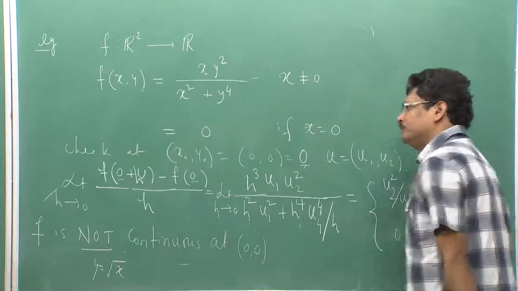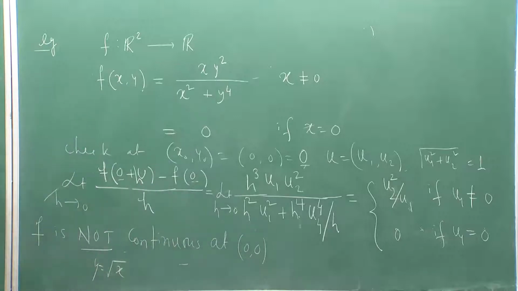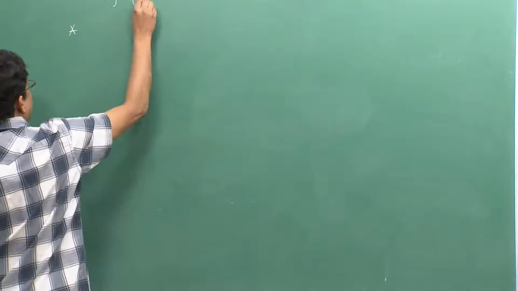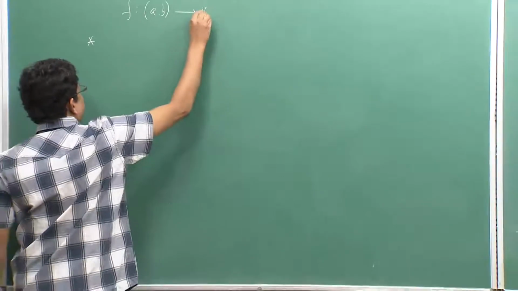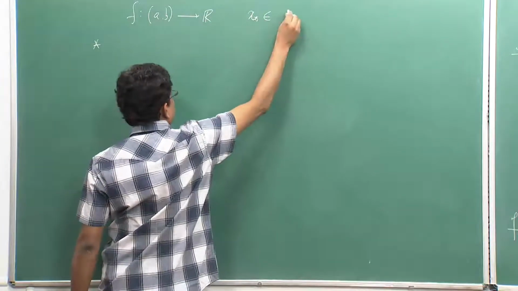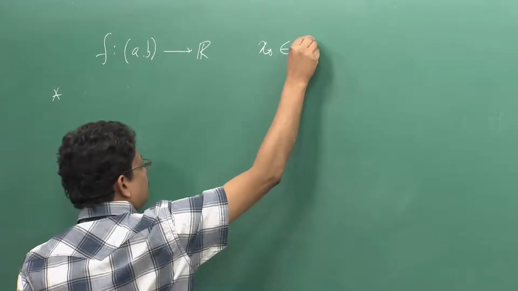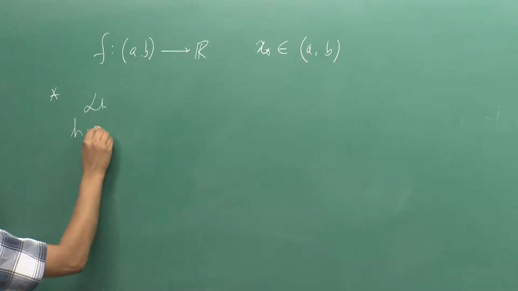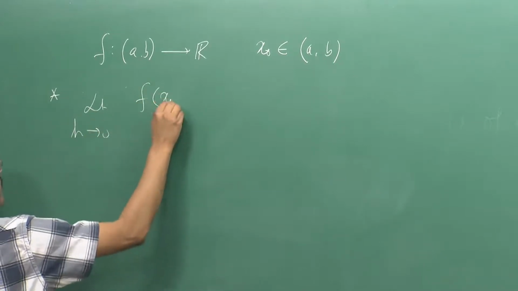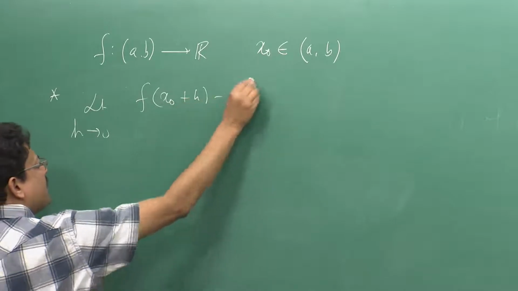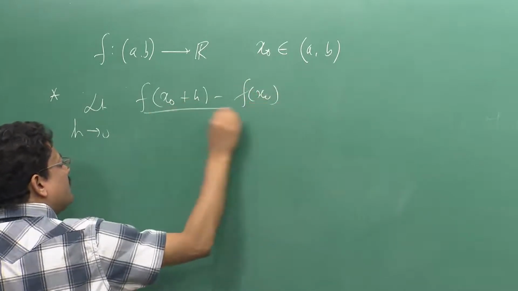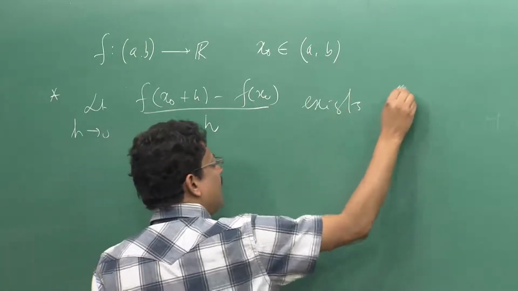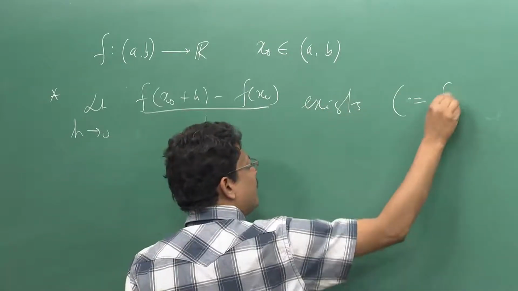So, I have to look back at my star a little bit carefully. What was star for f from (a, b) to R? Limit h going to 0, f of x naught plus h minus f of x naught divided by h exists, and we call it equal to f prime x naught.